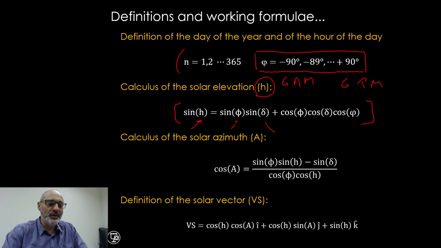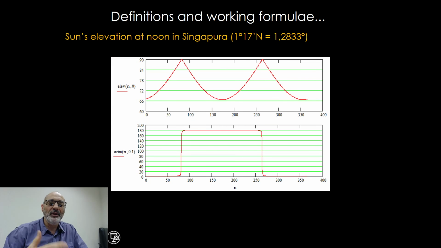You look at those spheres that I drew and see the corresponding projection. The same goes for the azimuth, in terms of declination and latitude. So you now have all the necessary equations to calculate the solar vector, which we're going to use in a few moments.